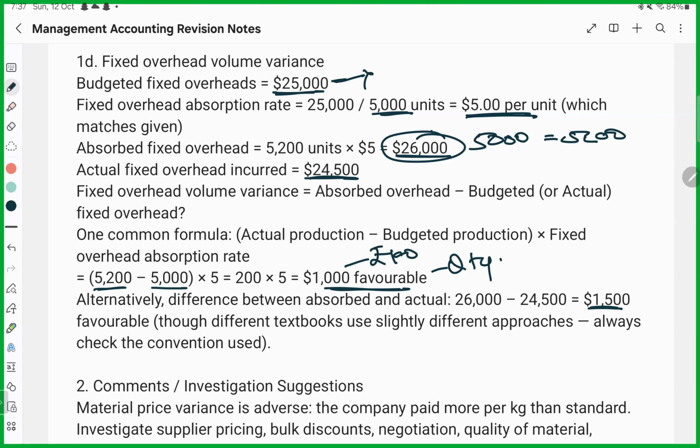Now, when I compare with 24,500, my comparison is not with 25,000, because 25,000 was for 5,000 units. I actually produced 5,200. So now my comparison of the actual is going to be with 26,000 and not 25,000. So this 26,000 has given me an additional 1,500 rupees profit.